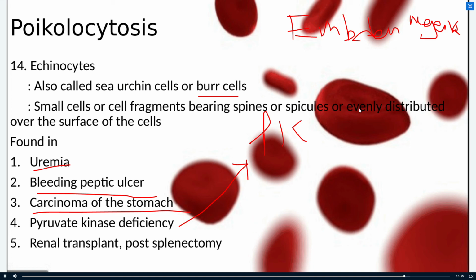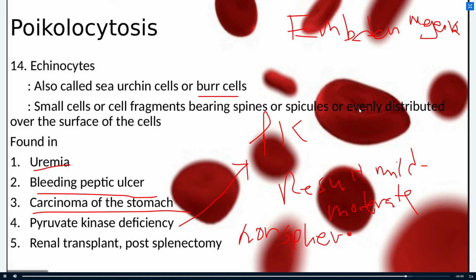So, your pyruvate kinase deficiency, class, is the most common enzyme deficiency involving the Embden-Meyerhof pathway. It would result to mild to moderate non-spherocytic chronic hemolytic anemia with splenomegaly. So when you say splenomegaly, enlarged yung spleen.